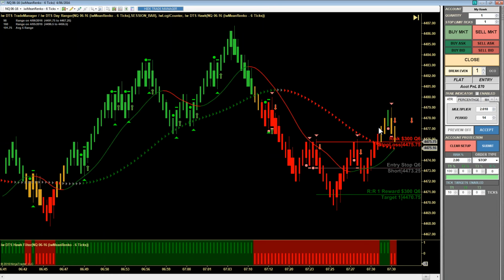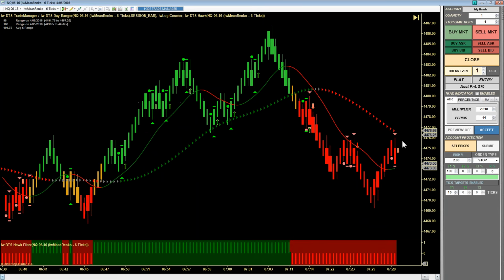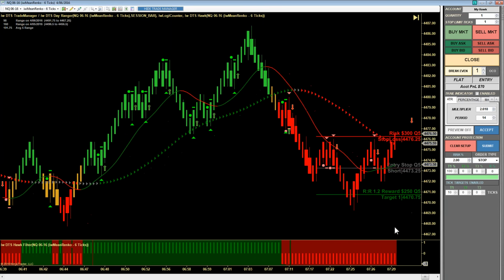Well, actually, let's use this macro pullback signal because it's perfect. So here's a macro pullback signal. Oops. If I place my stop really, really tight, I get stopped out before I have a chance to make a profit.